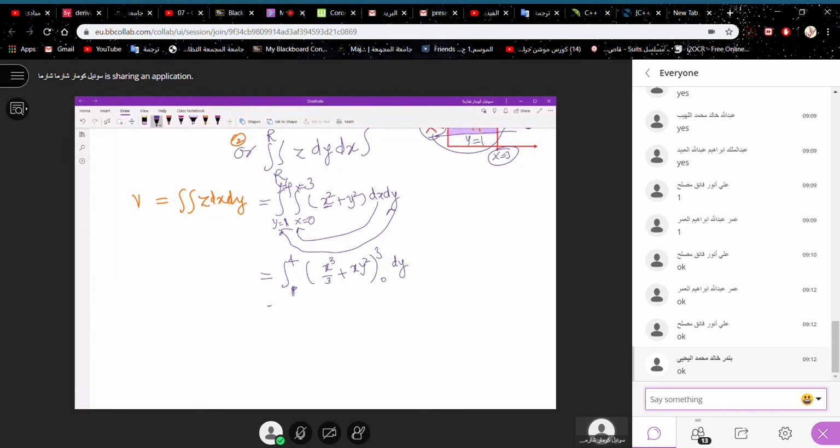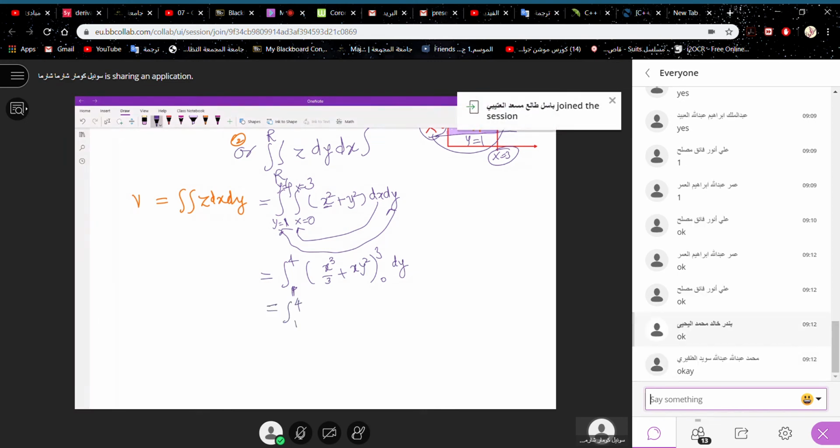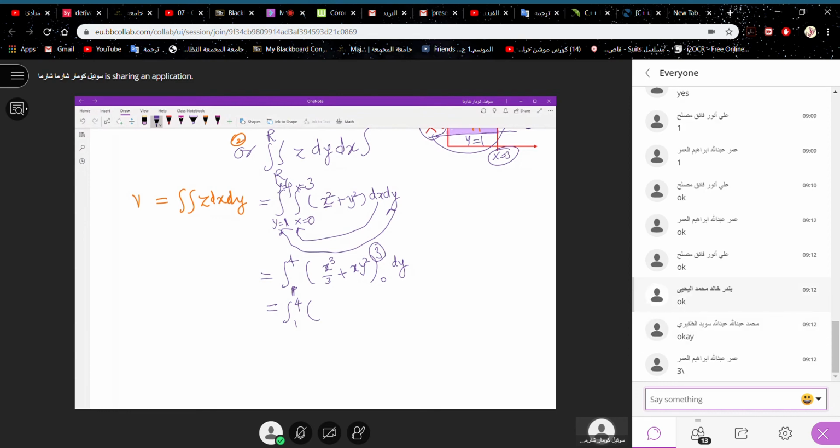Now apply the limit. The upper limit is 3, so we plug in 3: 3 cube upon 3 plus 3 y square, minus the lower limit 0: 0 cube upon 3 plus 0 y square, dy.